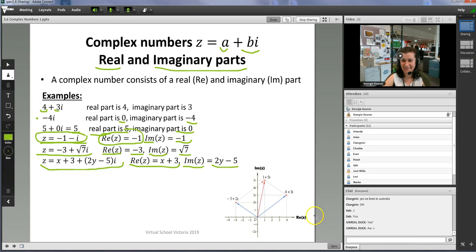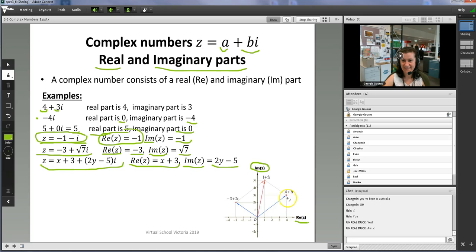And when we're graphing these, we normally use an Argand plane where the horizontal axis represents the real component, and it's often labelled Re(z), so that's the real component of the complex number, and the vertical axis, which corresponds to the y-axis, is used to show the imaginary part of the complex number.